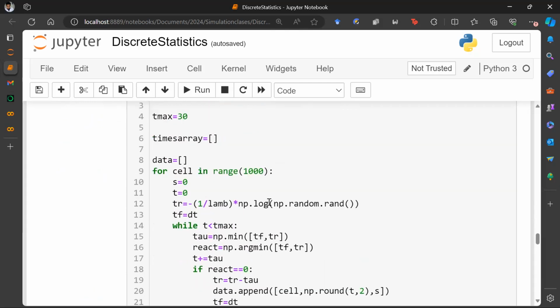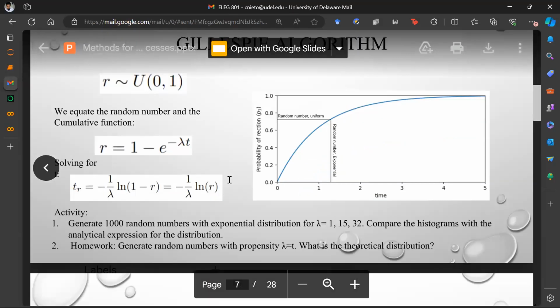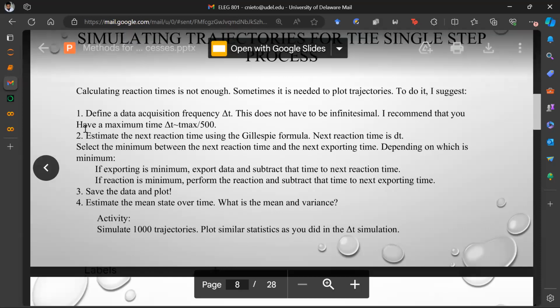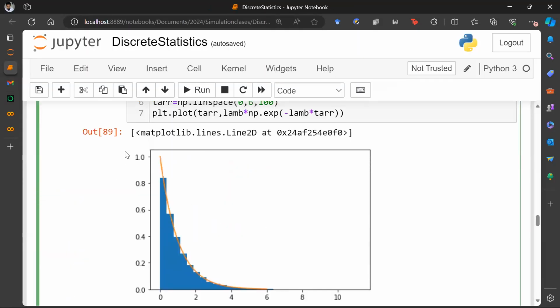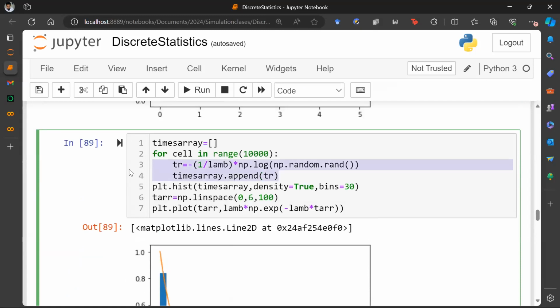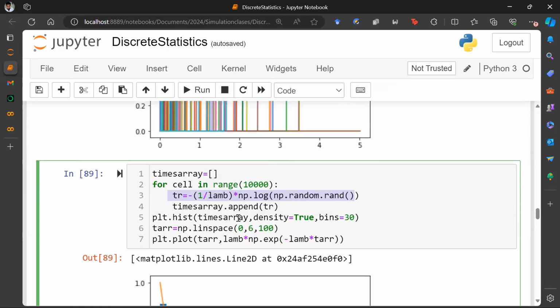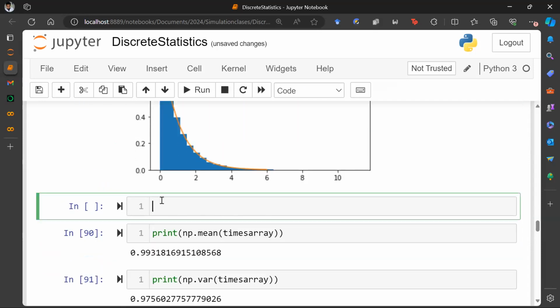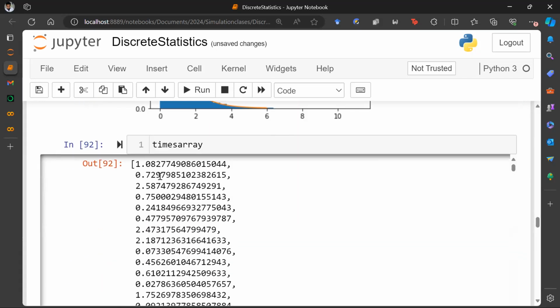Okay, so in the next block, I do something similar, but plotting trajectories. So the idea is the following. From this algorithm, I can produce the times of occurrence very accurately. If you see here, the times array now is continuous.